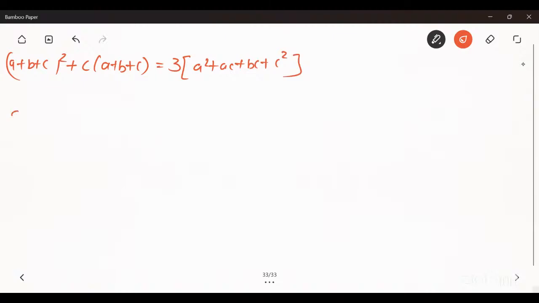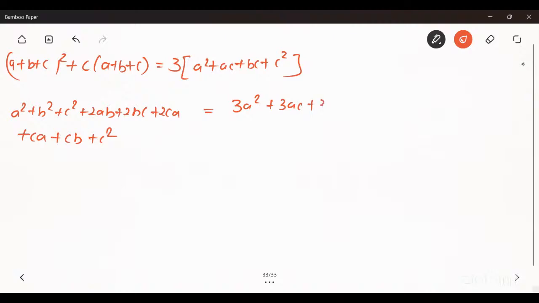So you will get A square plus B square plus C square plus 2AB plus 2BC plus 2CA as the value of the first one. Now if you multiply with C, you will get CA plus CB plus C square is equal to 3A square plus 3AC plus 3BC plus 3C square.